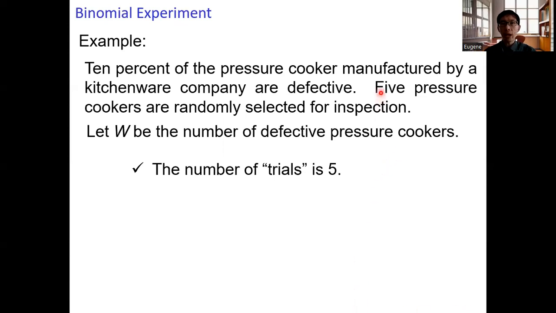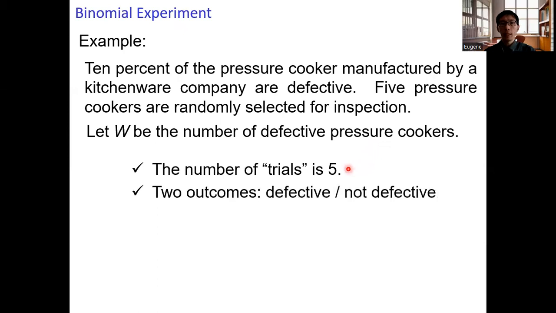We only select 5 pressure cookers for inspection. And then there are only 2 outcomes. Either the cooker is defective or not defective. Regarding the probabilities and whether the trials are independent, it is not confirmed.